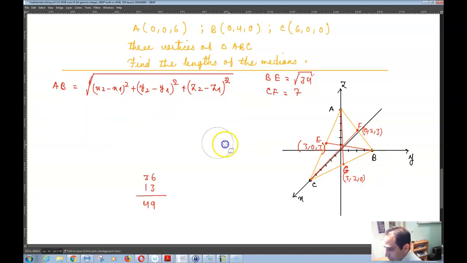The next distance that we have is, for example, you have CF, you already calculated, B, we already calculated, so AG, for example.